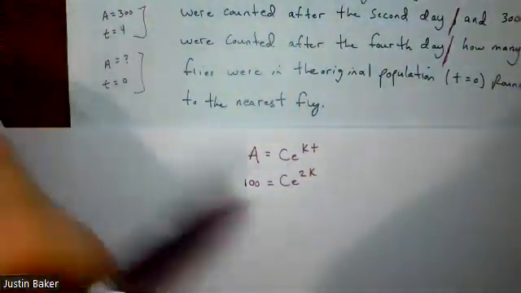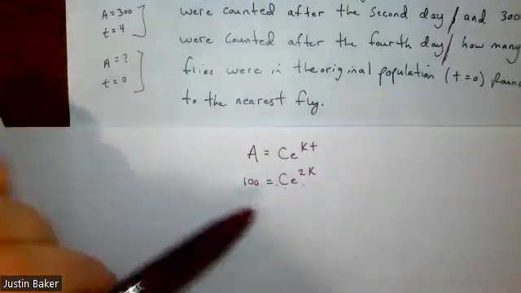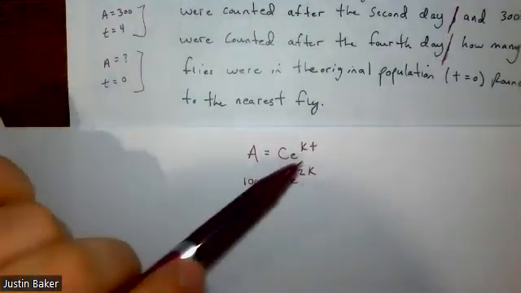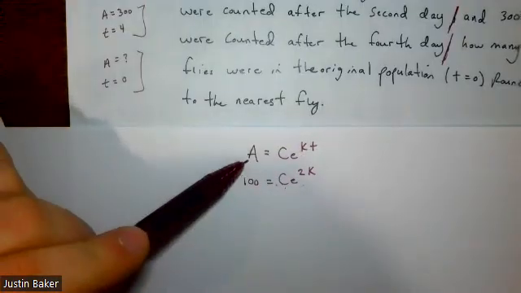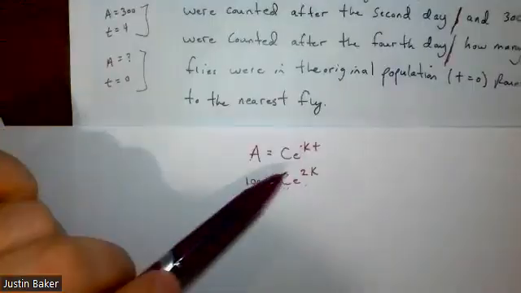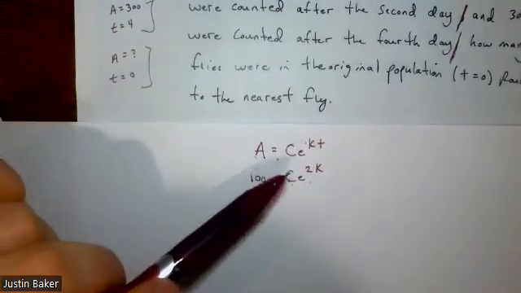I see multiple variables, and we can't solve for multiple variables at the same time. Whereas whenever t was equal to 0 in all these other questions, they gave us an amount at t equals 0 that got rid of the k, and we were able to just say, oh, this is equal to C, and we're good.